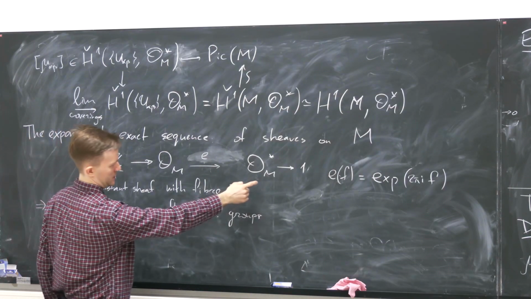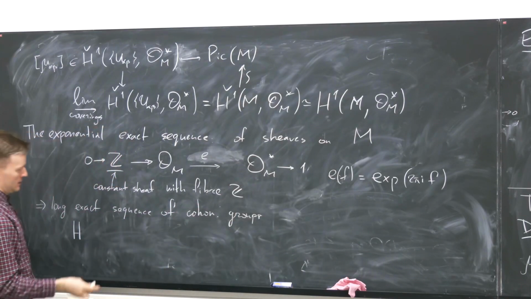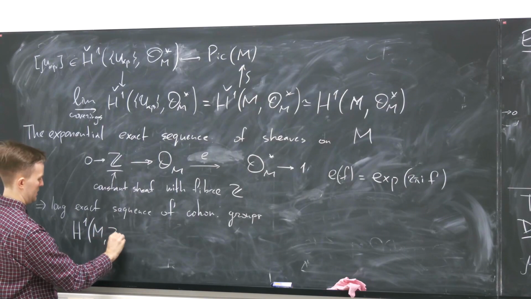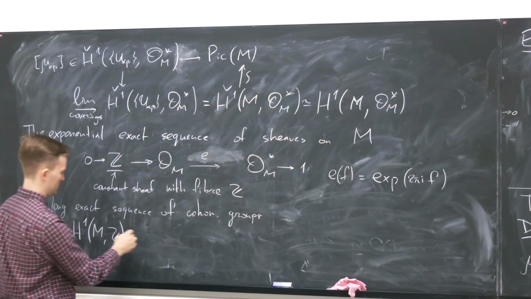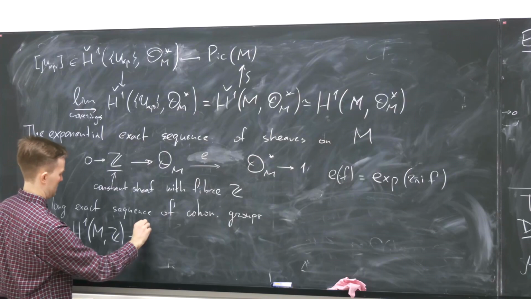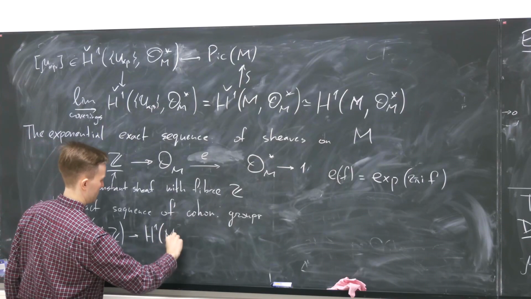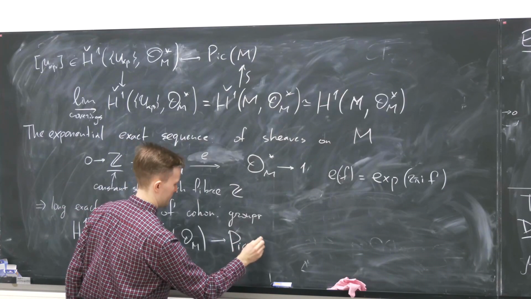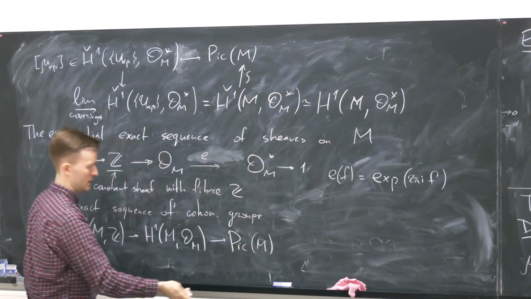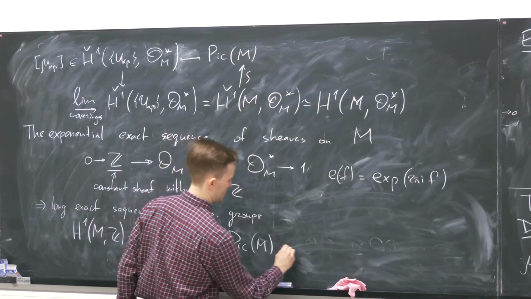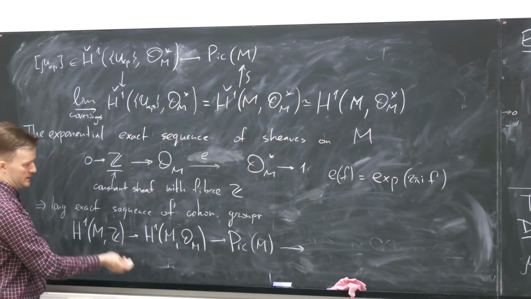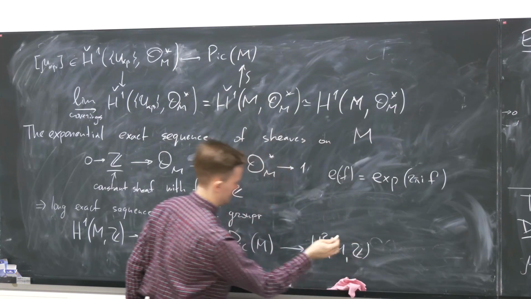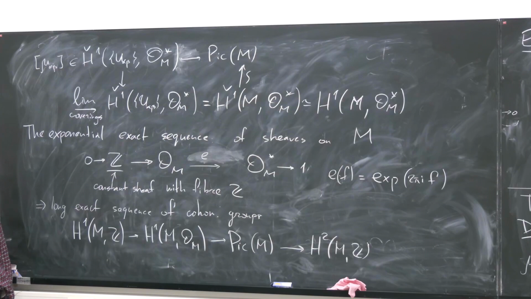The Picard group is H^1 of O_M star. So I start from H^1 of M with integral coefficients, then I get H^1 of O_M, and then here I have the Picard group of M. After that there will be H^2 of M with integral coefficients.